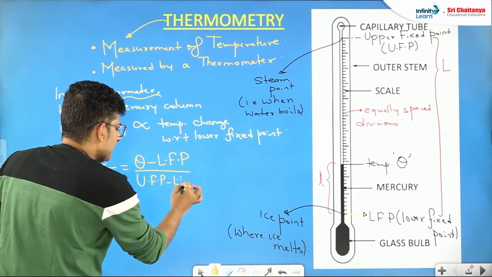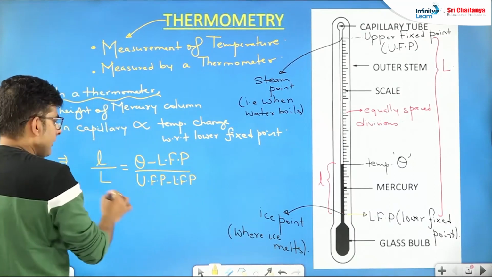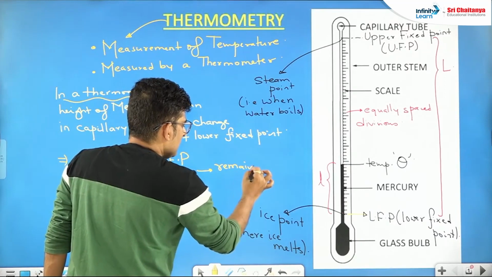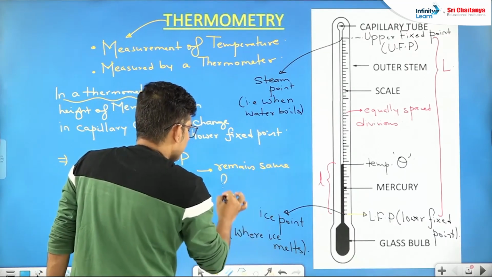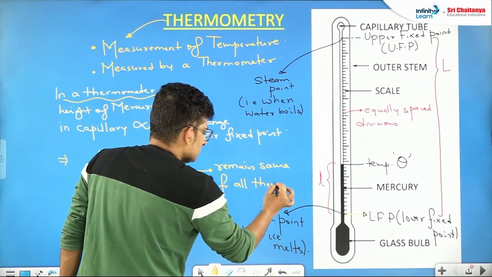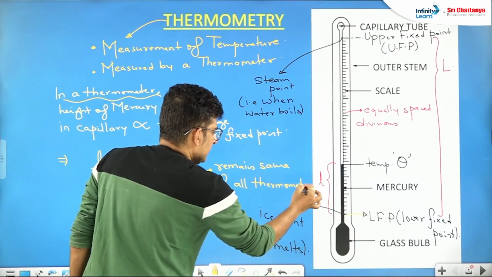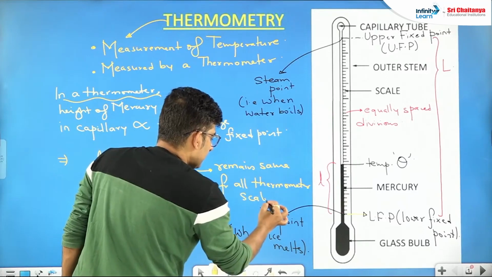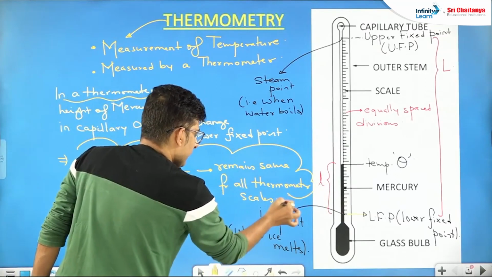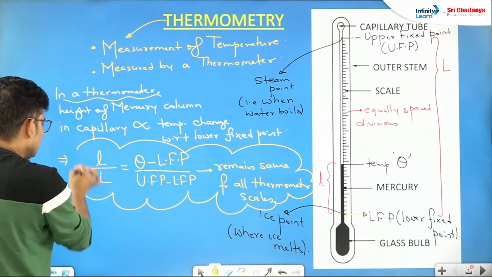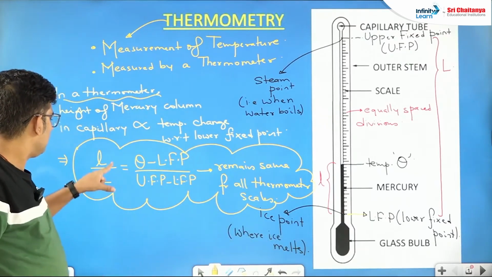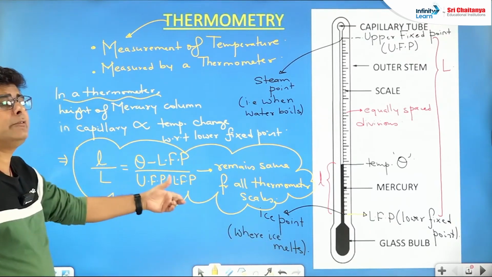UFP minus LFP. Can you see? So this value remains the same for all thermometer scales. Listen, this is very important. Listen very carefully. Any temperature scale you take or any thermometer scale you select, for all of them this value small l by capital L will remain fixed.